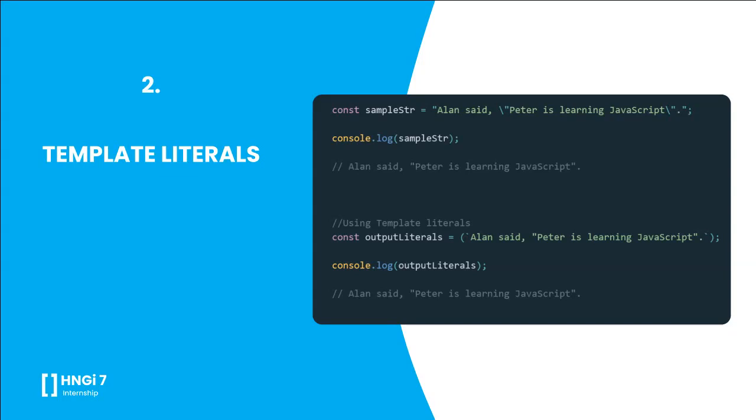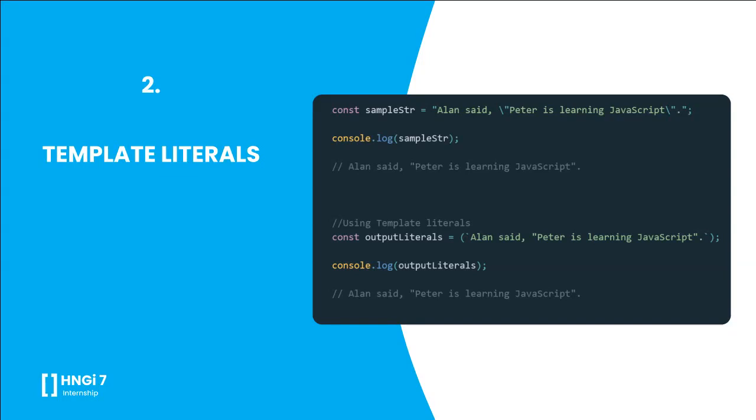In this case we want to have another quote within our string. Our string, Peter is learning JavaScript, should be in quotes when we return the output. To do this we needed to use a backslash before the quotation mark, so that JavaScript skips whatever comes after it, and it does not make the string stop or return an error.